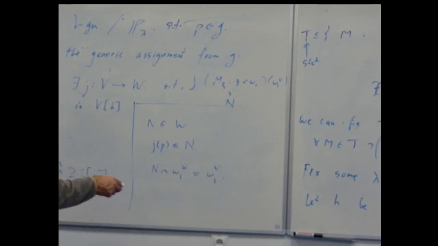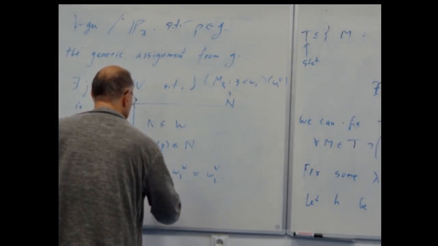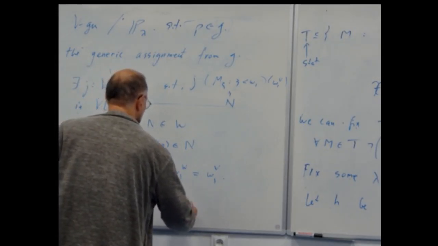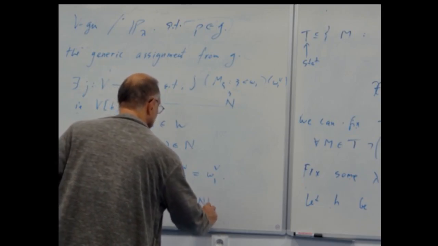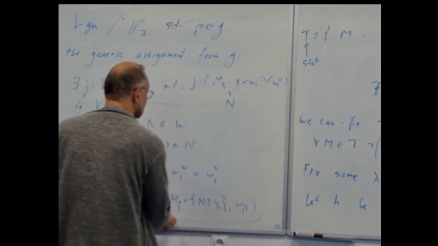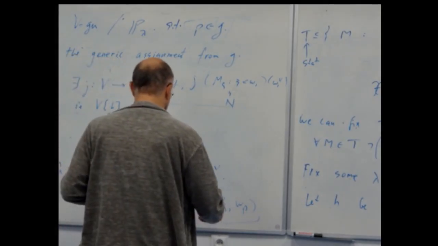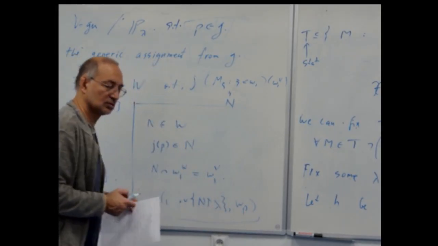And so I need to show that I can take P and I can put N projected to lambda and then WP, and this will be a condition in P. J of P lambda. Yeah, so you're right.